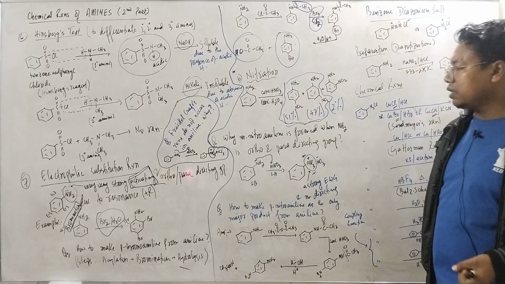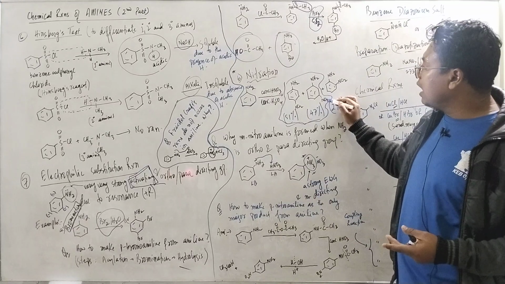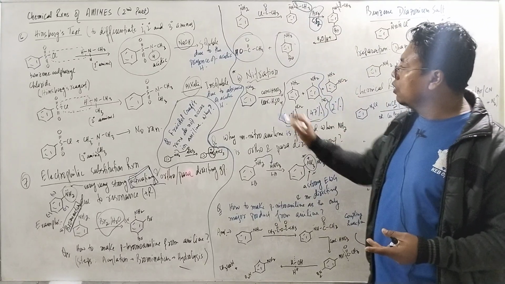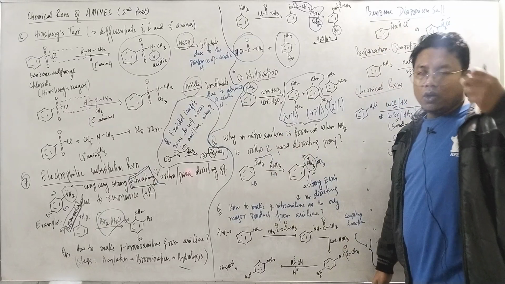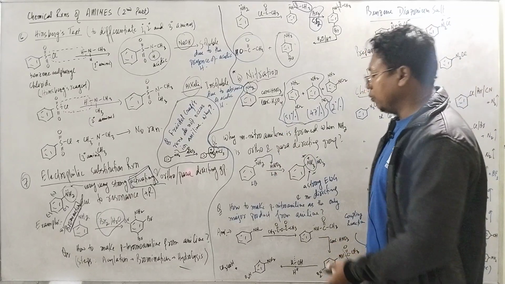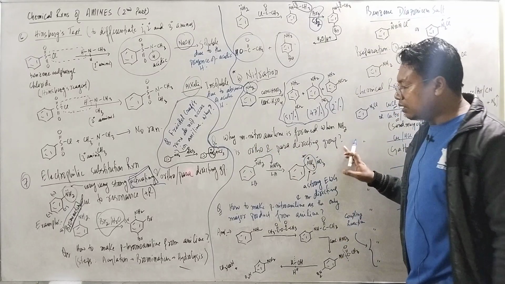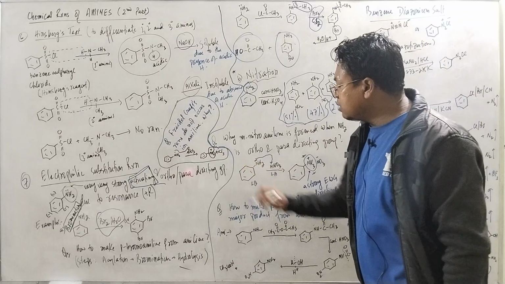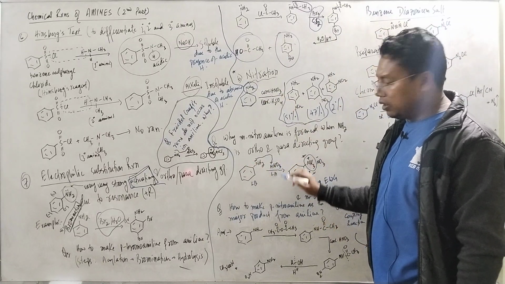Now two big questions arise here. The first one is why meta-nitroaniline is formed when our NH2 is an ortho and para directing group. The answer to this question is that NH2 reacts with HNO3.